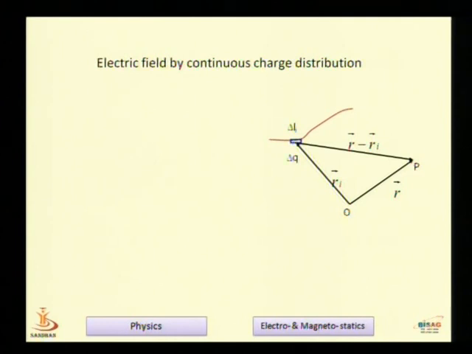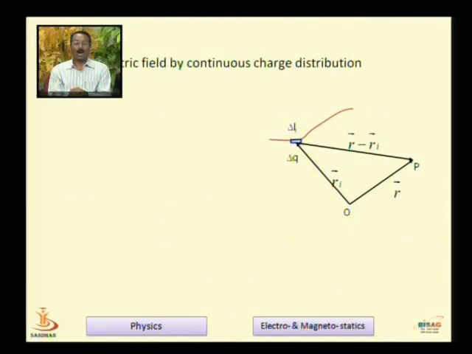And so you can see the distance from this small segment to P is R minus Ri. So we can write down the electric field. You can divide this whole line into small segments, and then compute the electric field due to each segment separately.